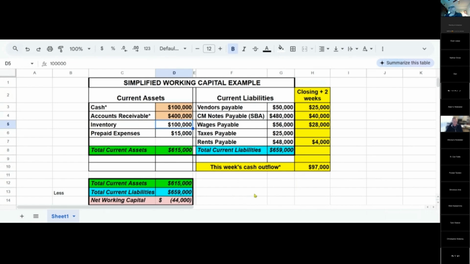How do you feel about that? Dan, any thoughts on that one? I'm less comfortable, right? I want to know how soon these receivables come in. Should I expect these in a week or 2 weeks? But I'm less comfortable because I'm about to liquidate all of my very liquid assets.